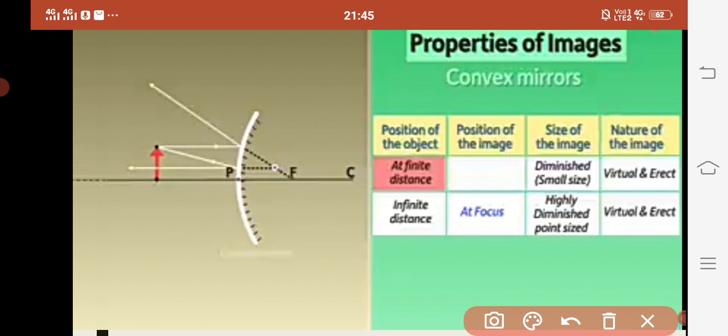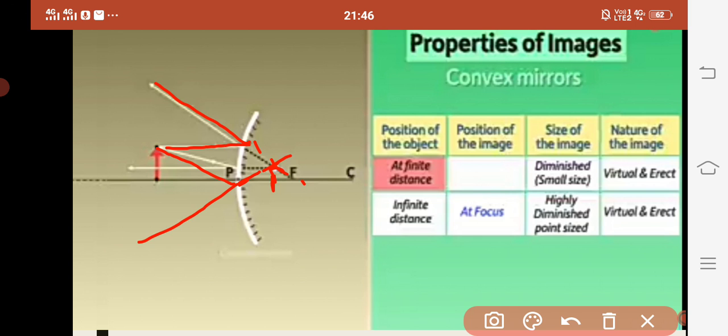So these are the two rules which we have learned. The other can be, it falls on the focus and gets reflected; we can extend this and we can get the two light rays meeting each other between the pole and the focus.